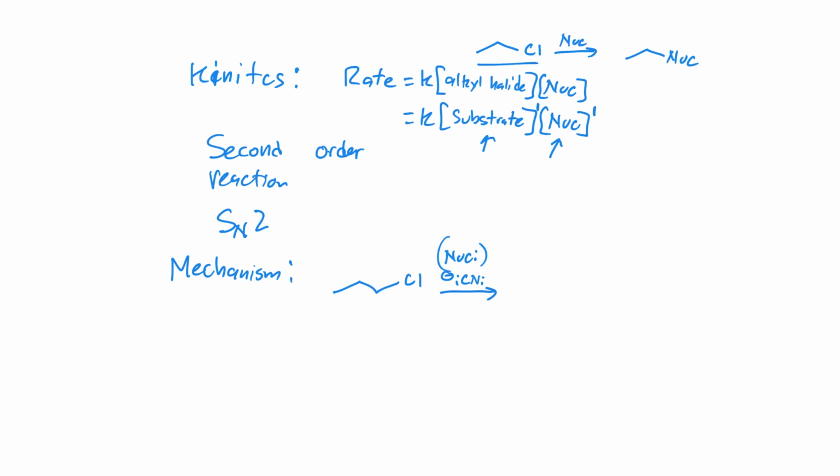And in this step, remember we learned that it is a concerted process. Everything happens at once. And so the nucleophilic attack, which is this arrow right here, happens on the carbon bearing the leaving group, and then the loss of the leaving group happens at the same time, and we end up with our nucleophile now attached to the carbon chain and the leaving group floating along as a nice stable anion.